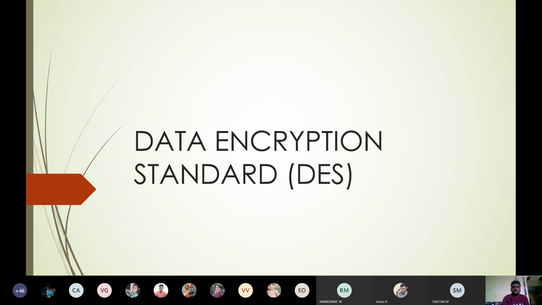Okay, so what is the data encryption standard? It is nothing but, it comes under that block cipher model.